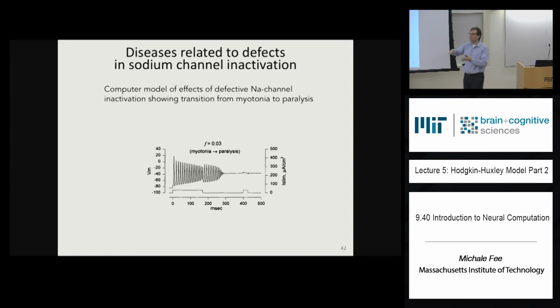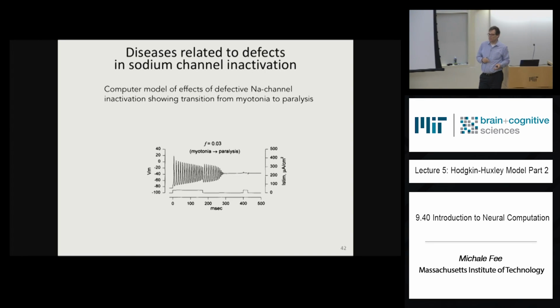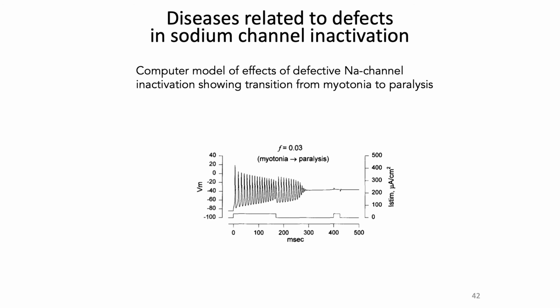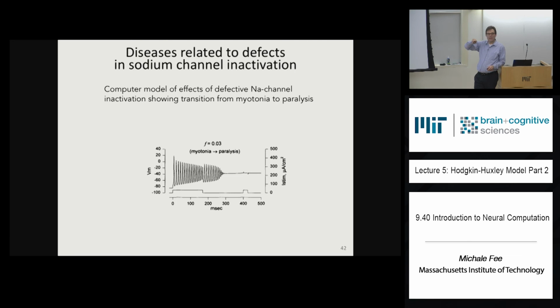It's called depolarization block. Okay, and it's what happens when there aren't enough sodium channels active to give you spiking, but there are enough non-inactivated sodium channels to just hold the voltage high. And this muscle fiber is no longer able to contract, and it's completely flaccid.